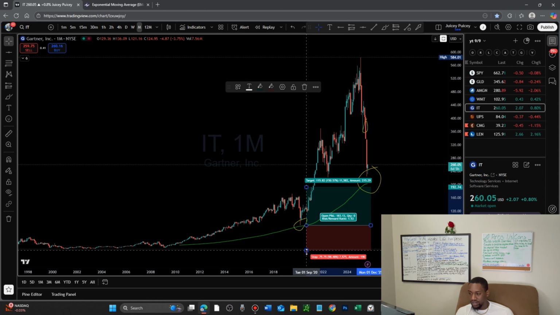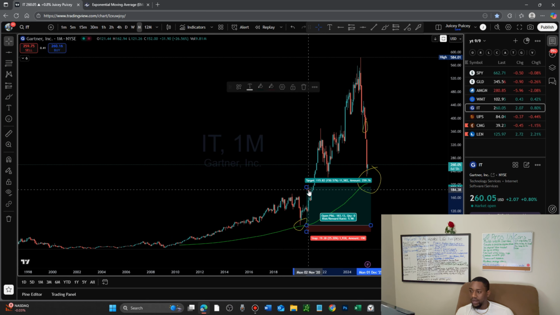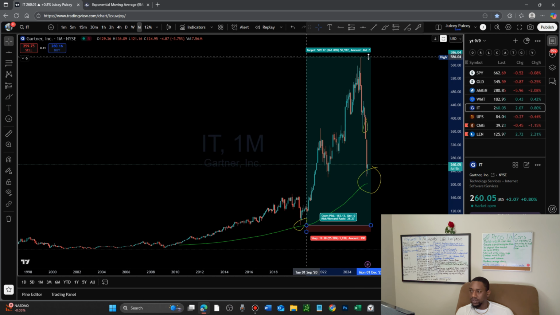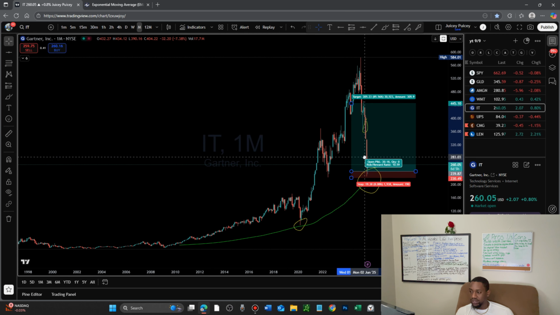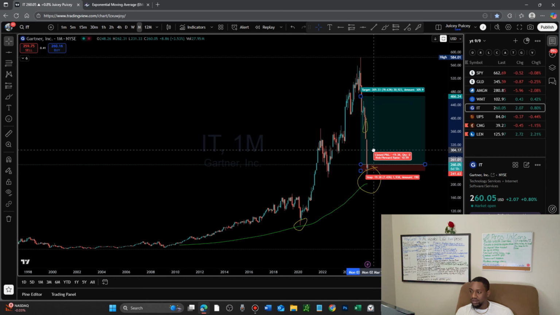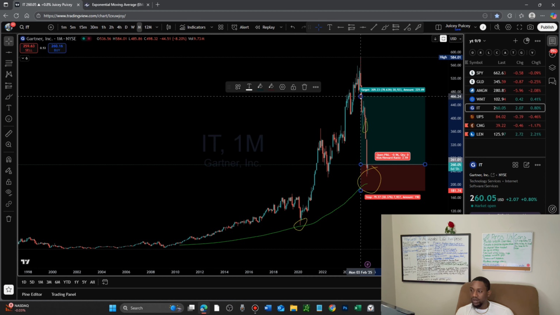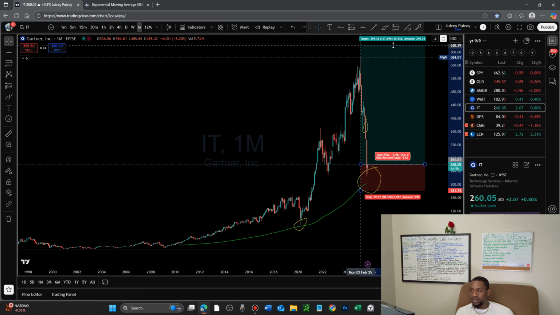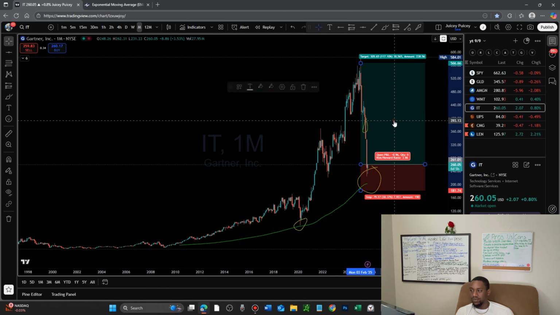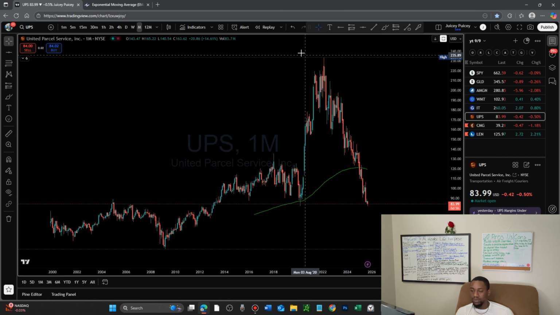Last time it did this, last time it ran up 661%. So if I'm in there, honestly I got in below there. But if I'm in there, back to new highs above 100% return. So this is what I'm in currently, as well as UPS.